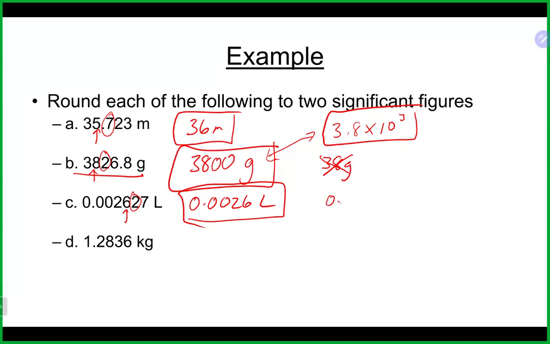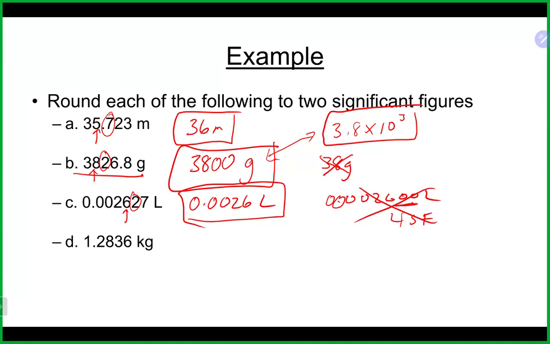So why did I not write the answer like this? Exactly right. Because in this particular case, we have a decimal point. That would make these zeros, if we put them, significant, and that would give us 4 significant figures, which is not what we're looking for in this case. So in this case, we do need to completely drop them.